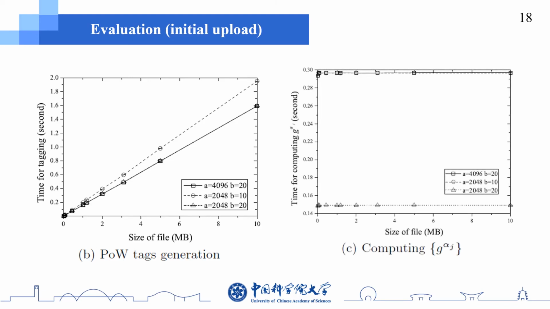From figure C, given fixed block and symbol size, the time for computing public verification parameters is associated with system parameters, which is independent of the file size.